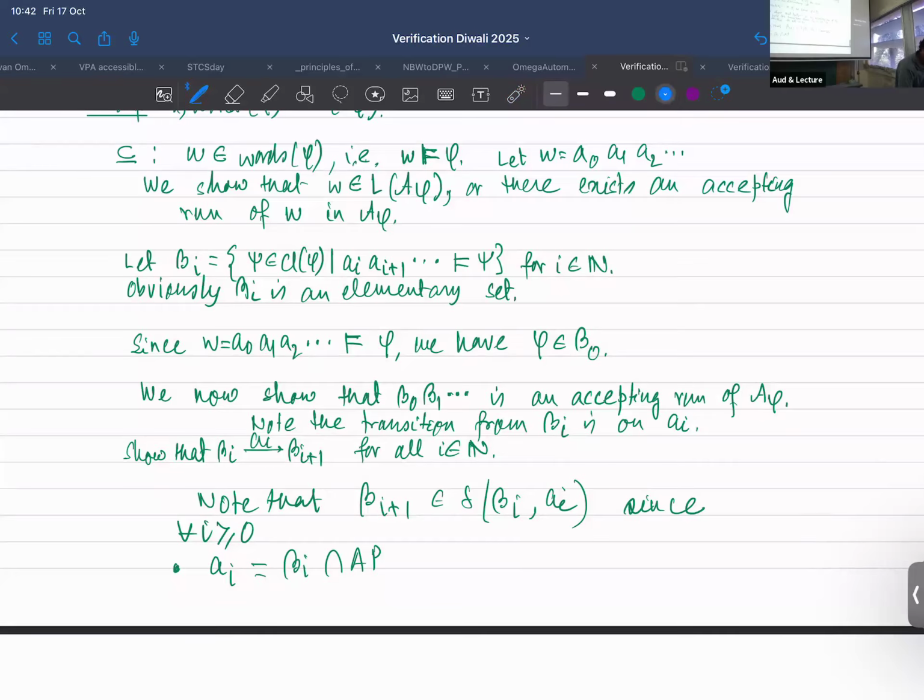So what we get, if we do this, is subsets beta 0, beta 1, beta 2, etc. And we are going to show that there is such a run, beta 0, beta 1, beta 2, etc. First of all, this is indeed a run. So first of all, we are going to show that this is a run, and number 2 is an accepting run.